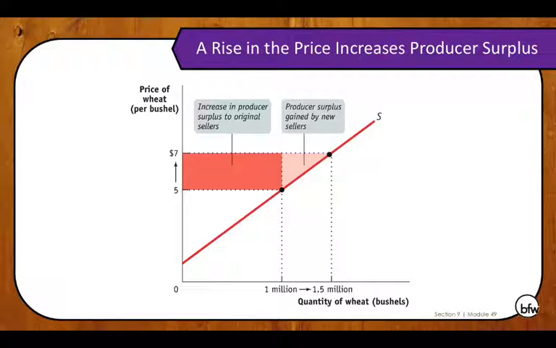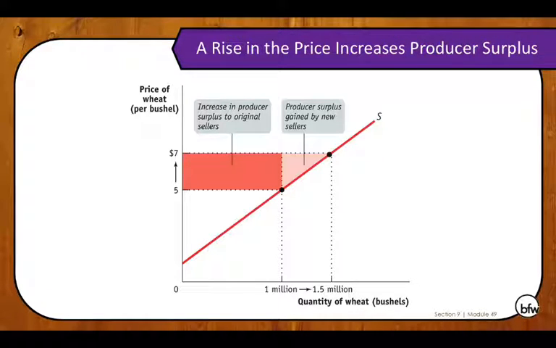But now we can see that there is a gain of producer surplus with a rise in the price to $7. And what's the area of gain? The dark red rectangle is the increase in producer surplus to original sellers, who now gain $2 in surplus for each unit sold. And then the area of the light pink shaded triangle, which is producer surplus gained by new sellers that were not selling wheat before.